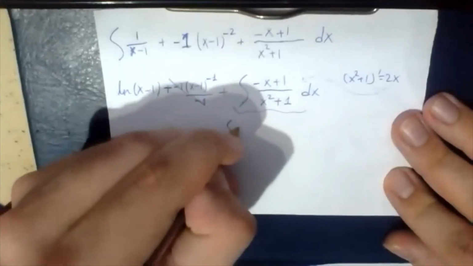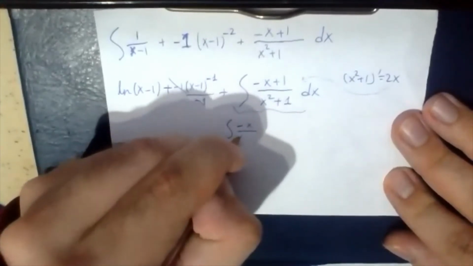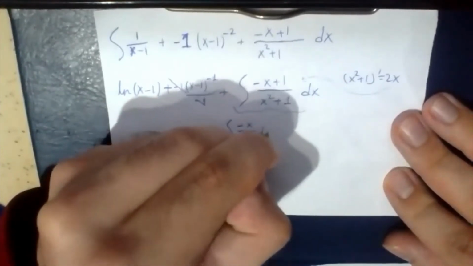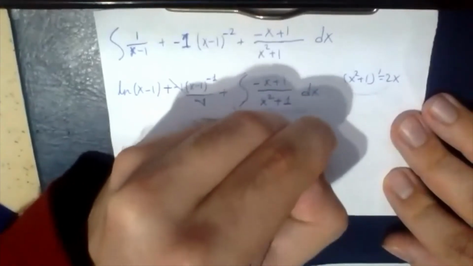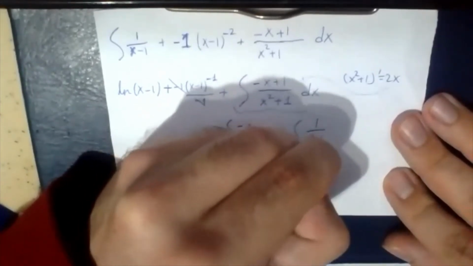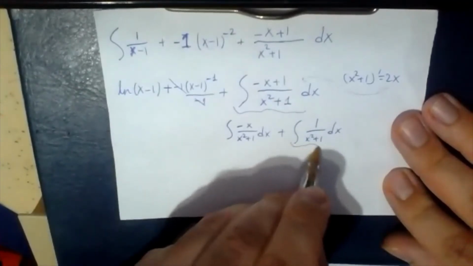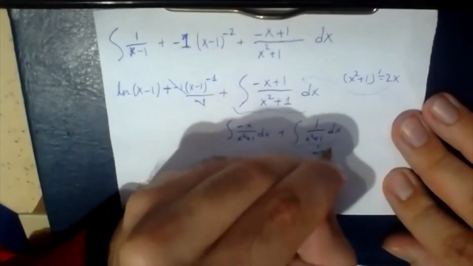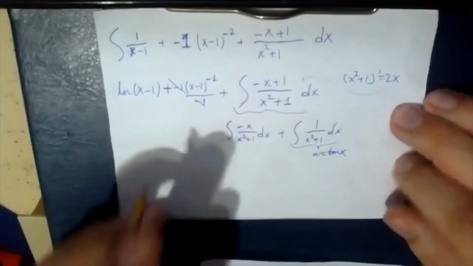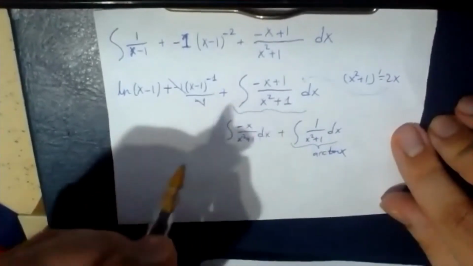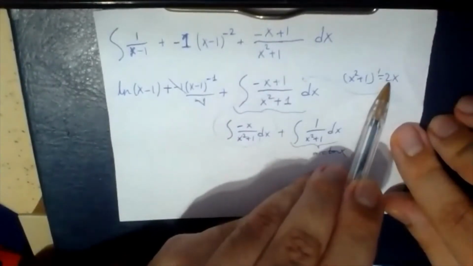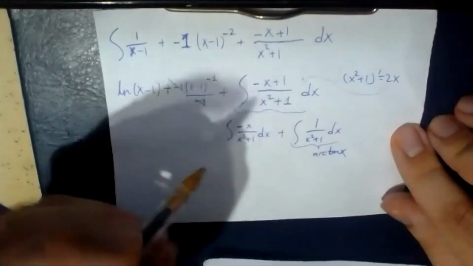First I separate it: minus 2x over x squared plus 1 dx plus 1 over x squared plus 1 dx. And this integral, we know, is arctan x. For the other integral, we need 2x in the numerator, but we have minus 2.